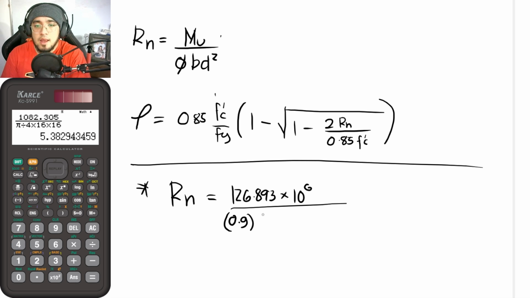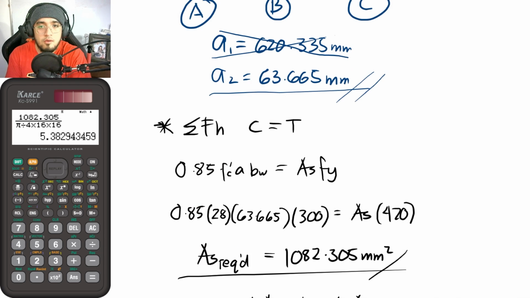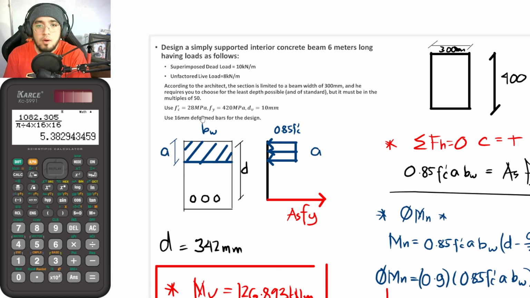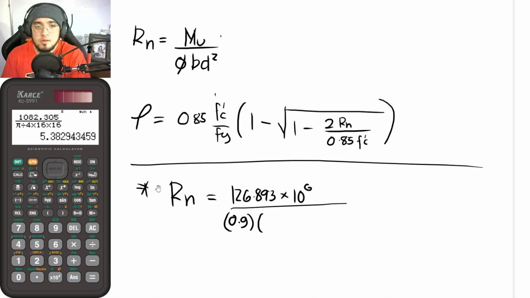So 0.9 times b. In our problem here, our bw is equal to 300 mm, times the depth.